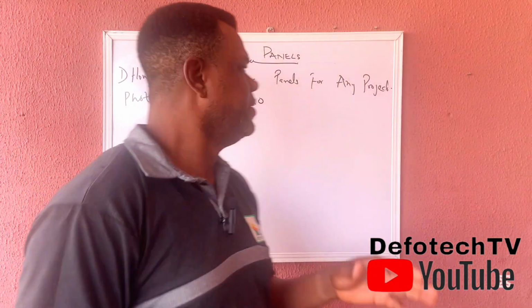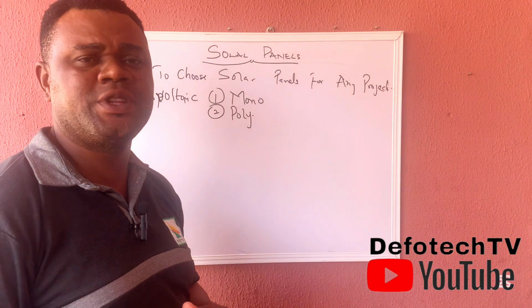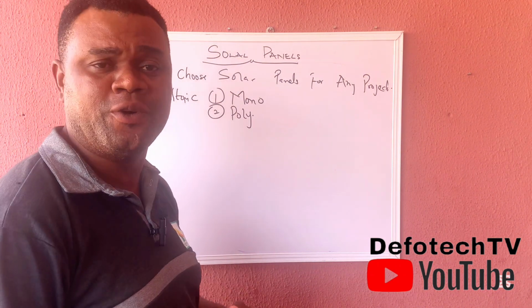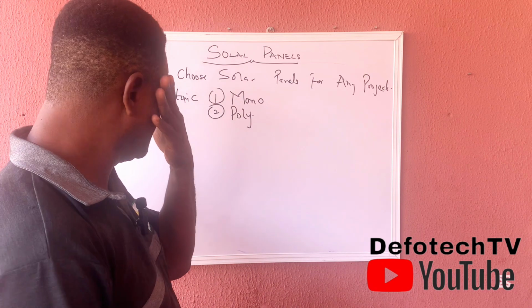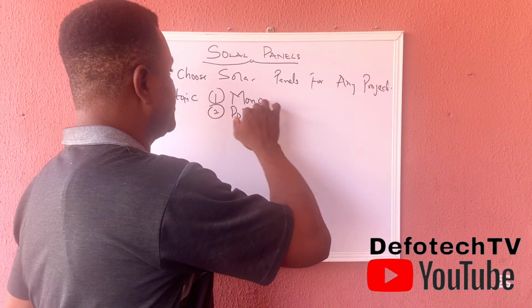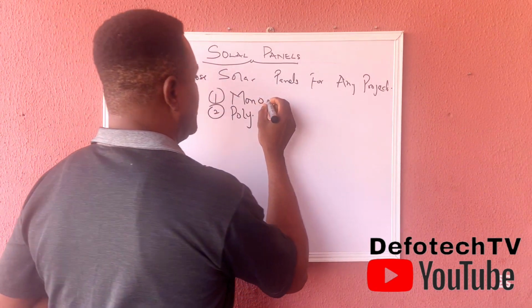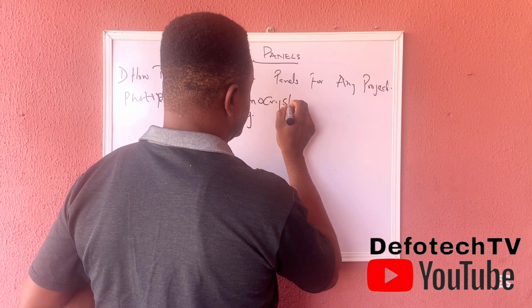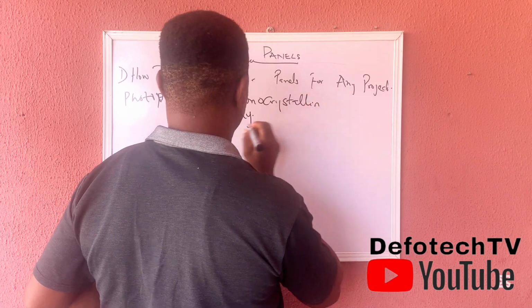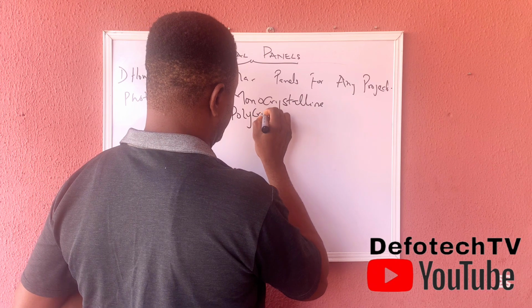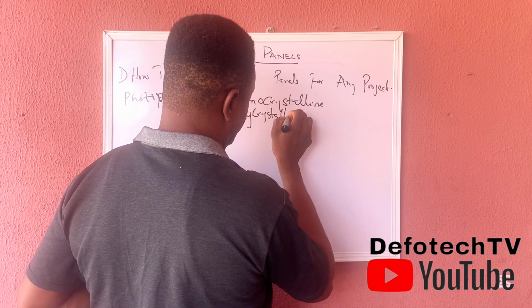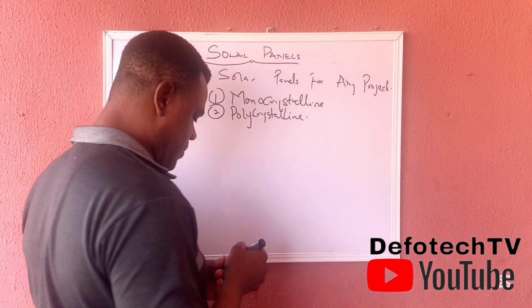Now, there's a couple of things you need to consider before choosing the kind of panels for any project. You need to look at the types of PV you're talking about. This is the monocrystalline, and the polycrystalline kind of panels.